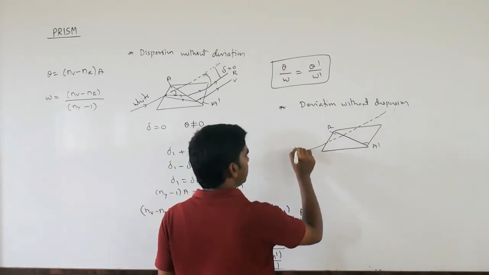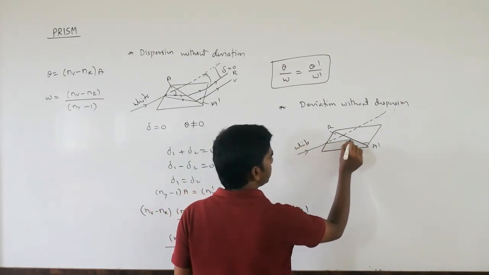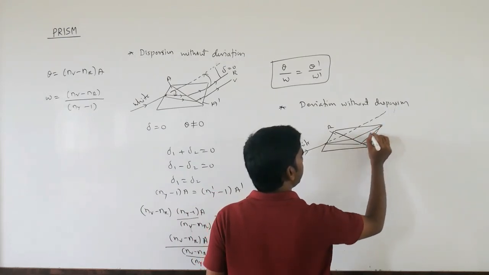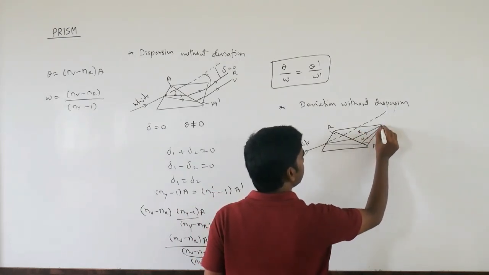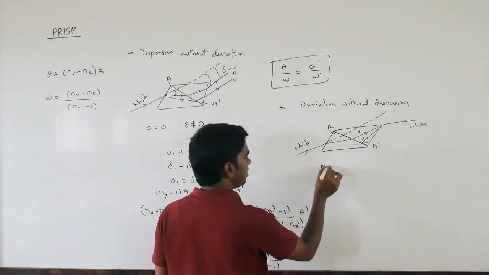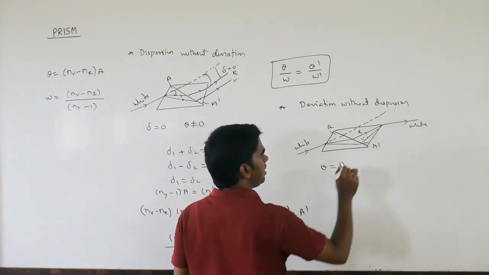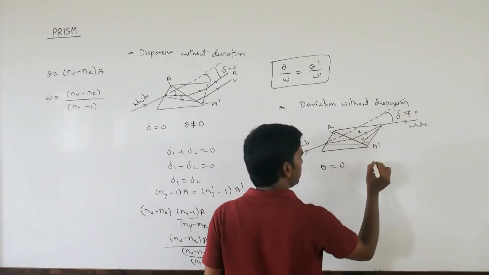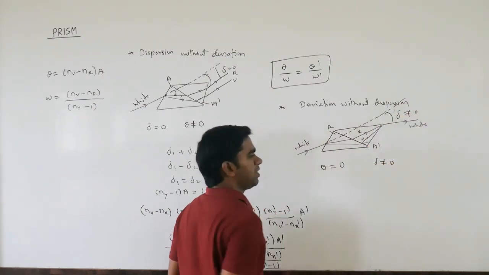Here dispersion will occur, red and violet. Again here red and violet will come. When it comes outside, again it is white light only. So no dispersion, theta is 0, but some deviation is there. Delta is not equal to 0.